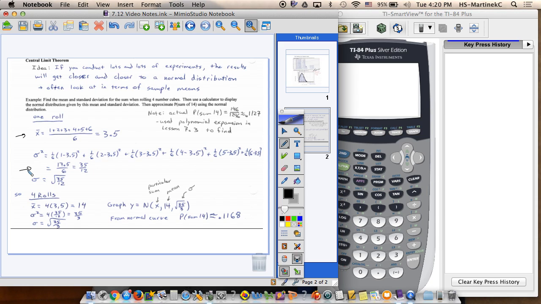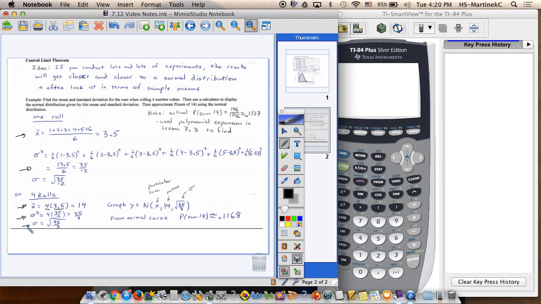If we're looking at the sum of 4 rolls, our mean was additive, so we take 4 times our mean for one roll, and we get 14. So 14 is our expected value for the sum of 4 rolls. Our standard deviation is not additive, but our variance is. That's where the 4 times 35/12 comes from, giving 35/3. Then our standard deviation is just the square root of that.